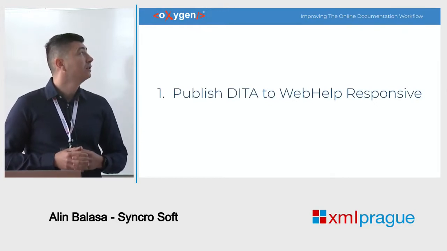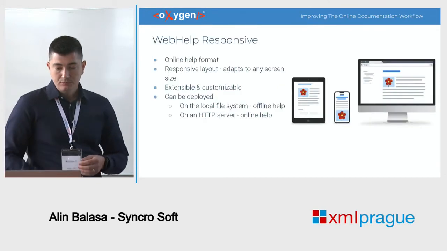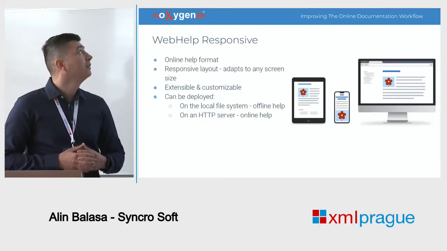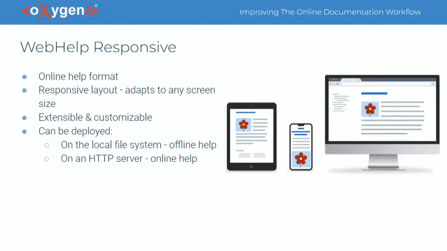Oxygen features an HTML5 output format. We call it WebHelp Responsive. It is an online help format. It features a flexible layout which can adapt to any screen size. You can easily view that content on mobile devices or on desktop browsers.